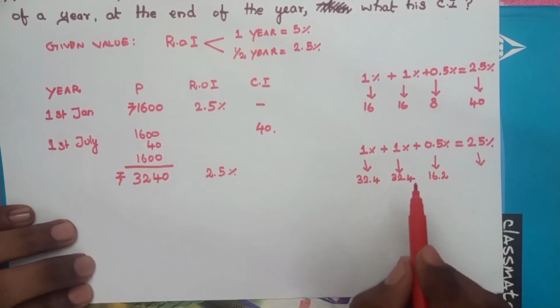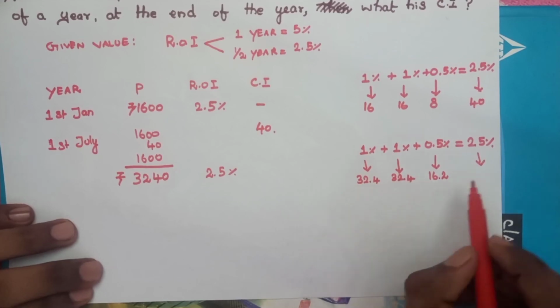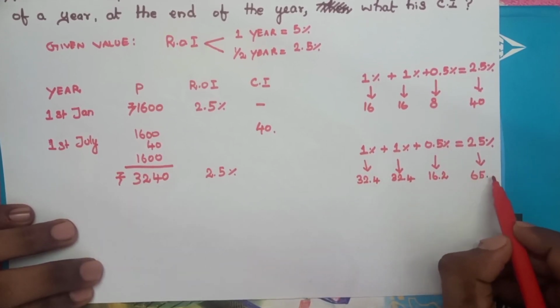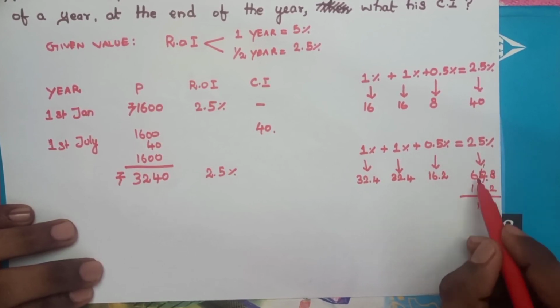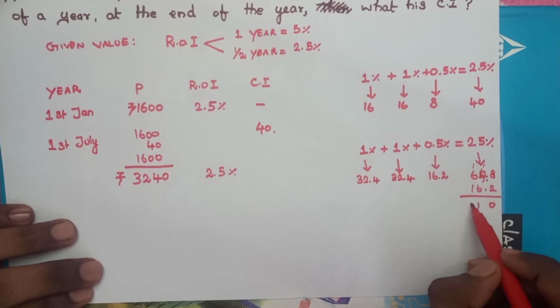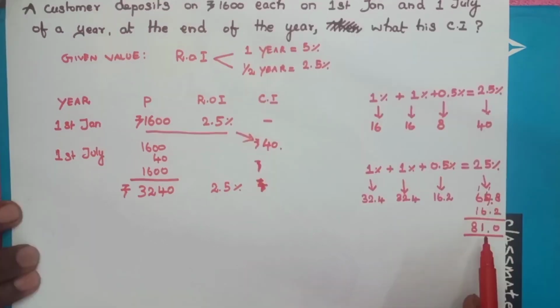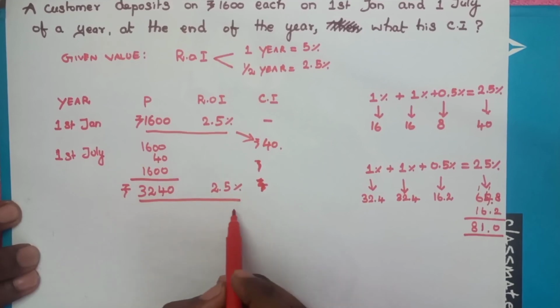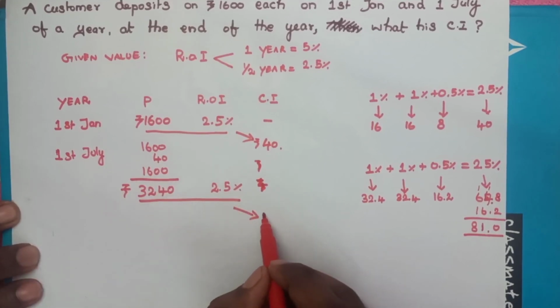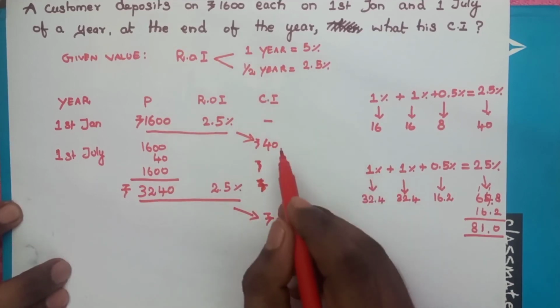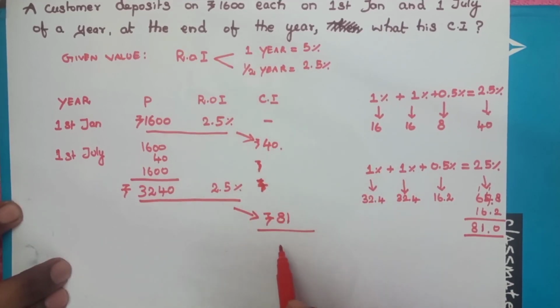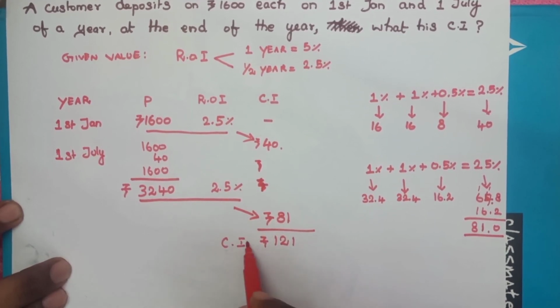If you add all these things, 32.4 plus 32.4 is 64.8, 64.8 plus 16.2 is 81. Rupees 81 you will get at the end of another half year. 81 here, right? And if you add 81 plus 40, that is 121 rupees, it's your compound interest.